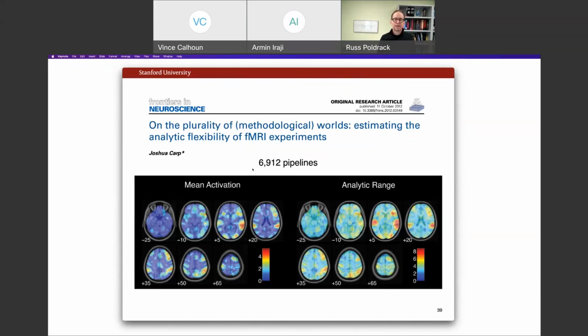So he took a data set from what was then OpenFMRI, ran it through almost 7,000 pipelines, and saw that even though you got a reasonable mean activation pattern, similar to what we had reported in the study, in some places you could get 8 standard deviations different between the highest and the lowest statistical value being reported, showing that there is a substantial impact of the analytic variability.